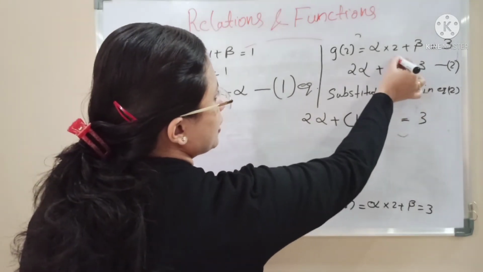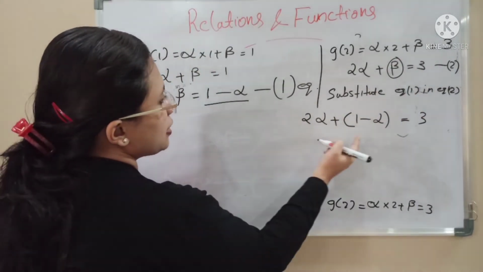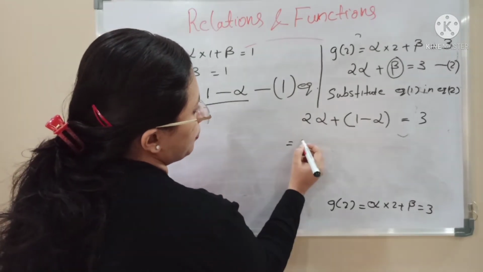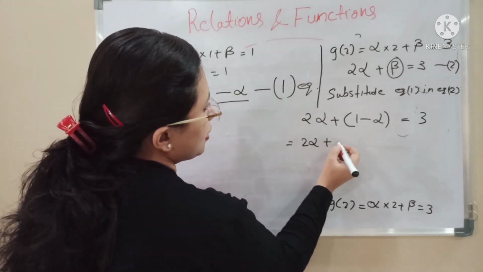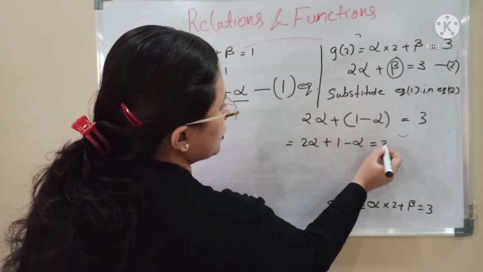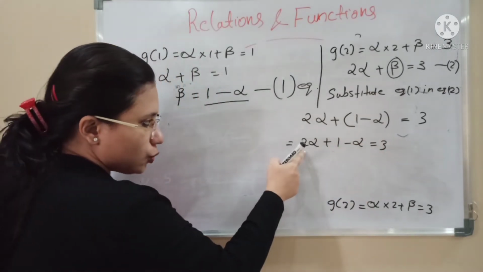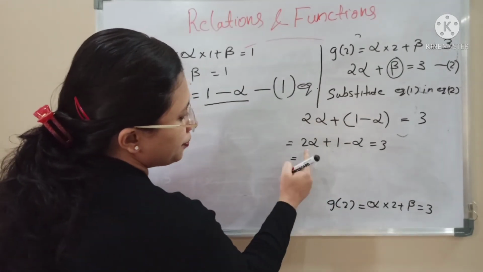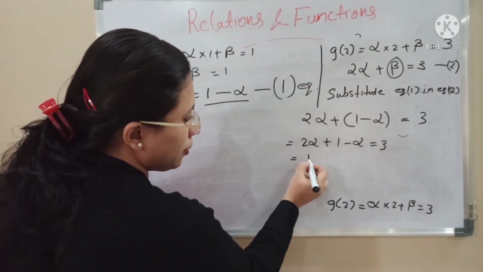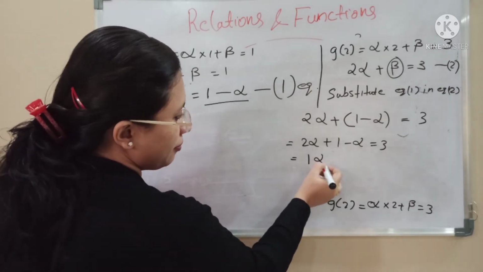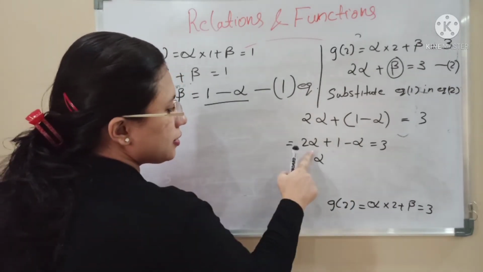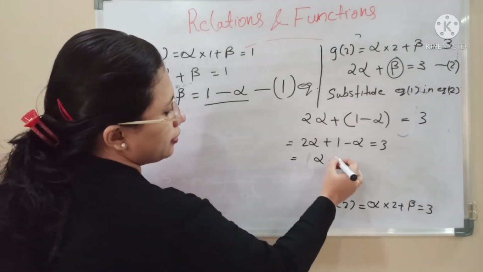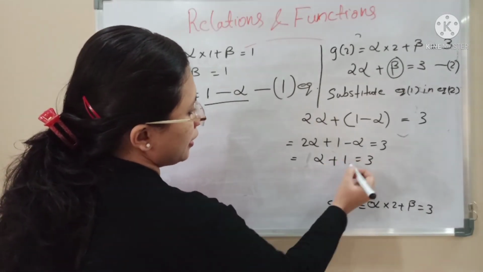Don't forget the bracket. 2 alpha minus 1 alpha is 1 alpha, that is alpha itself, plus 1 equals 3.